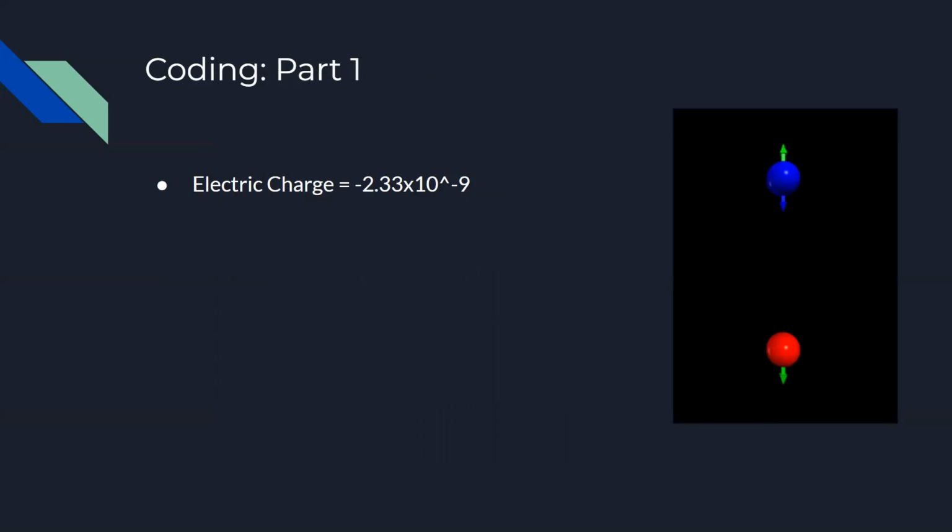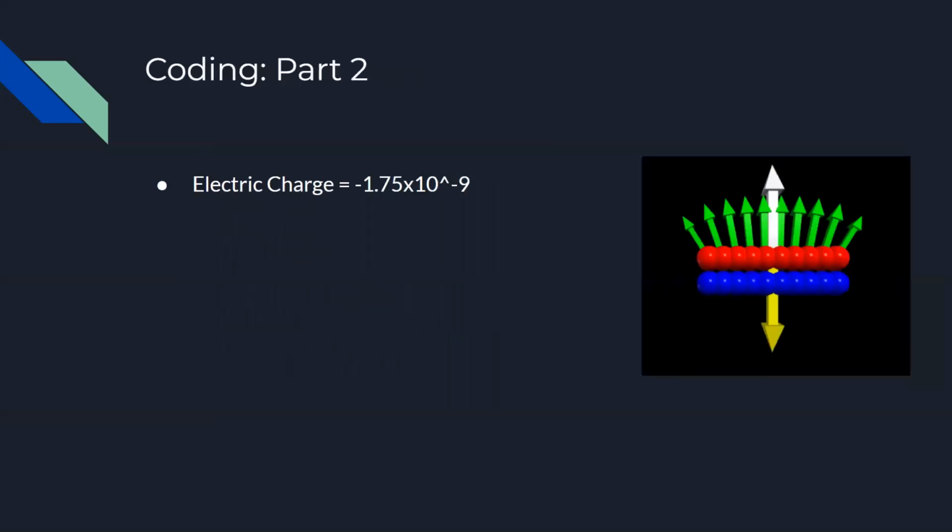So now to get a little bit more specific with the coding, you already saw this picture, but the electrical charge here was negative 2.33 times 10 to the negative 9th. And in this model, we used just single particles to represent the behavior of the tape, which isn't completely accurate. I'll show you as we move on to coding part 2. The electric charge here is negative 1.75 times 10 to the negative 9th.